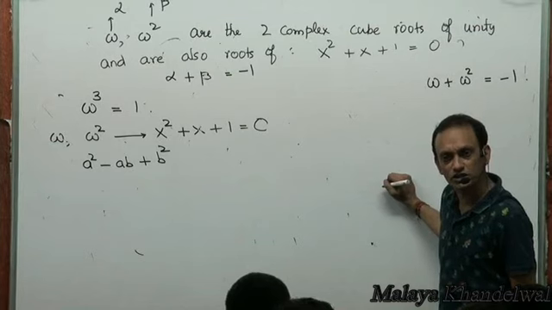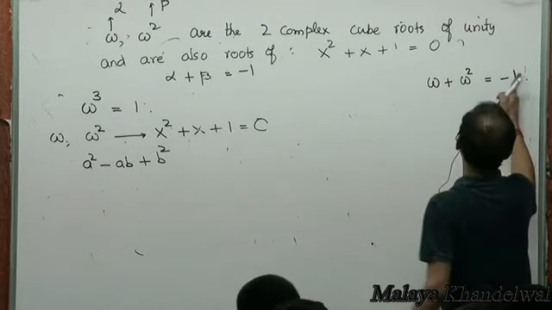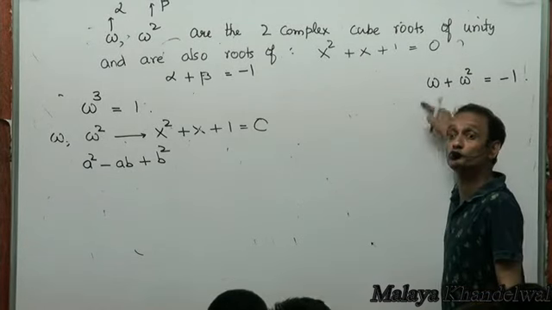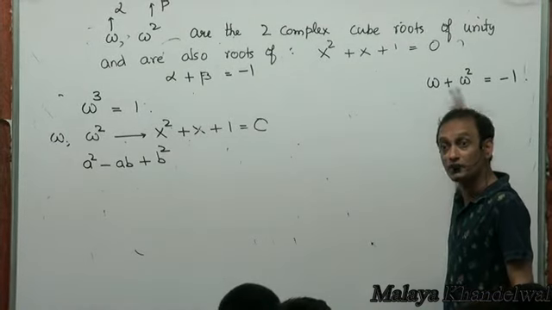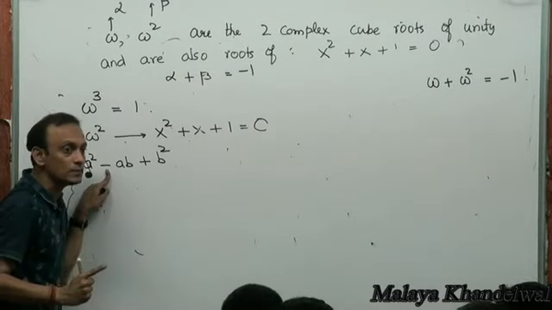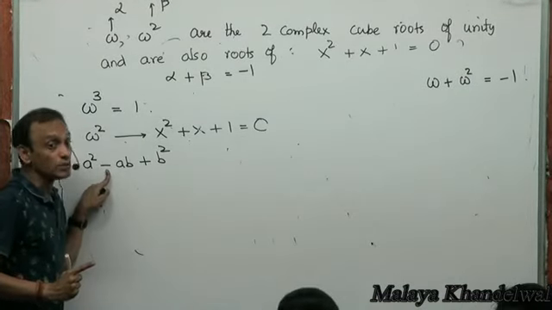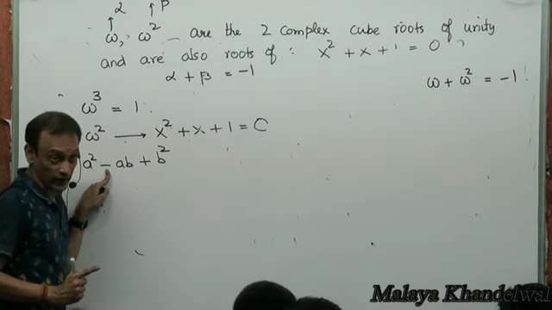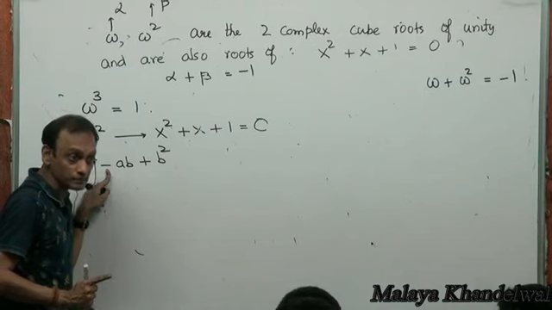That's a property that we just learned. So if minus 1 appears anywhere, it could be written as the sum of the two complex cube roots of unity. Now there is an occurrence of minus 1 here, and I'm at liberty to write this minus 1 as omega plus omega squared. Yes or no? Can I do that?